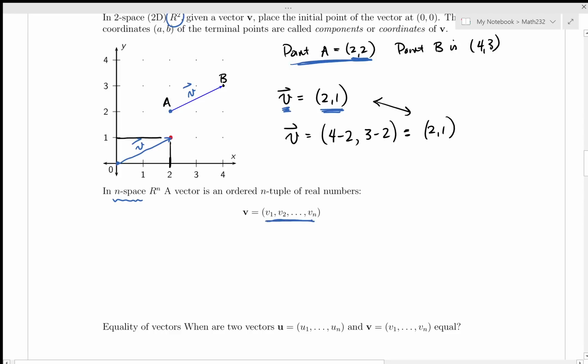For example, in R3 we could have a vector, let me call it V1, with 3 numbers, and we could think of those as x, y, and z coordinates. Then we would have a vector in 3 dimensions from the origin to that x, y, z point.